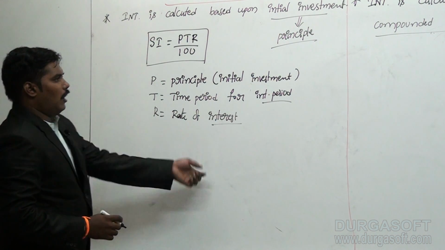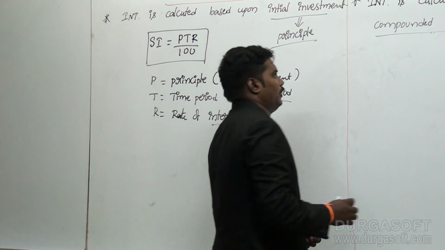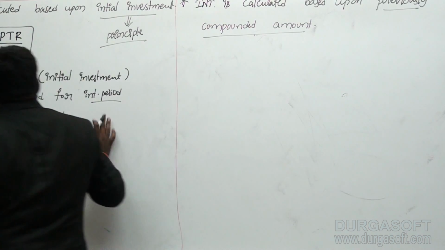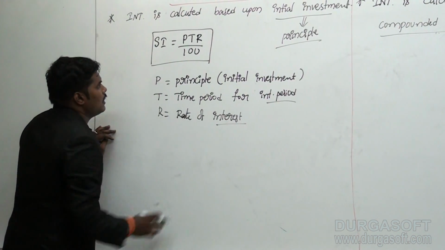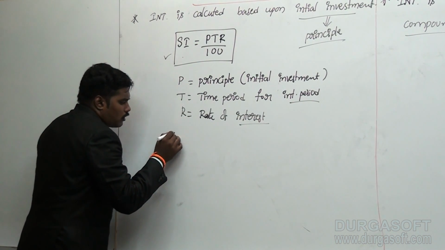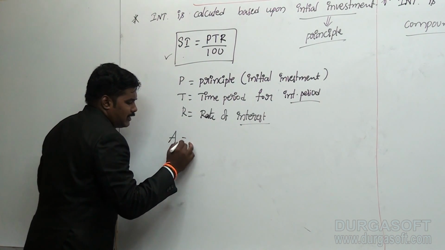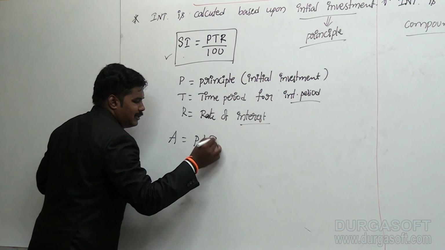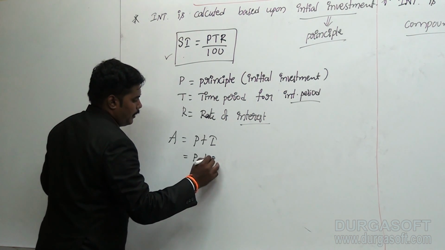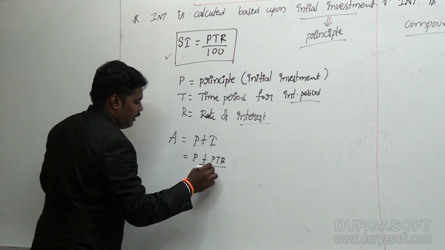Now let's come to compound interest. But look at simple interest once. In simple interest, we get the simple interest as per this. So the final amount is equal to principal plus interest. That is nothing but principal plus the interest, PTR by 100.